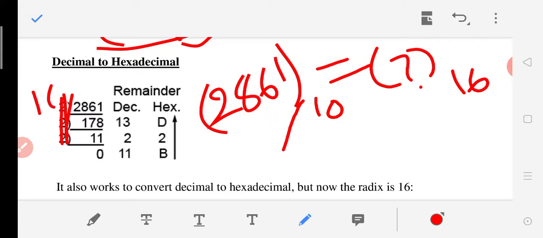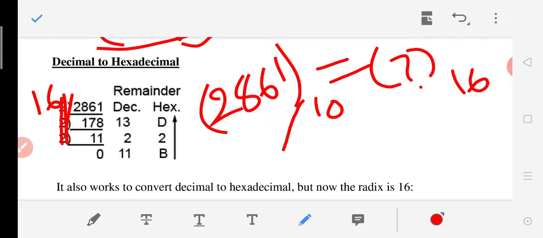You divide with 16. We try to convert decimal to hexadecimal, which means decimal to another radix. So you divide with the base of the system whose equivalent you want.